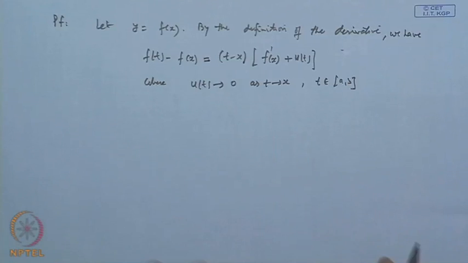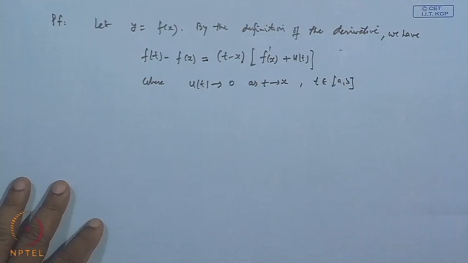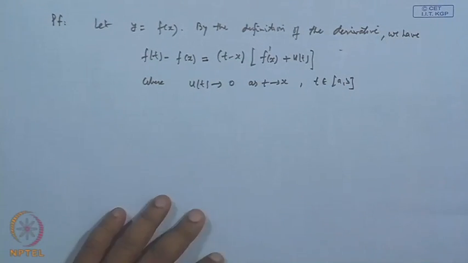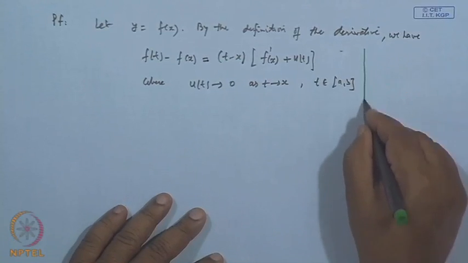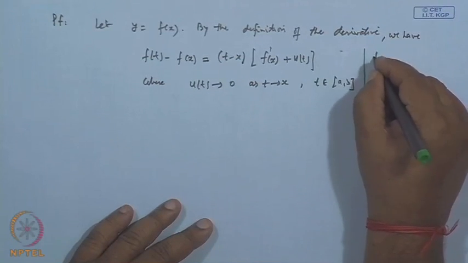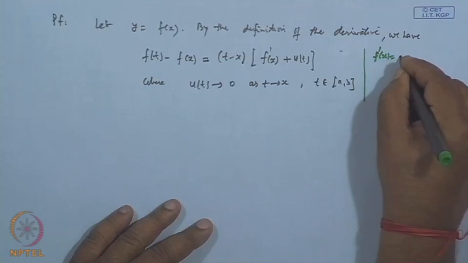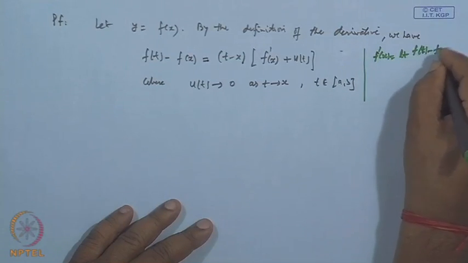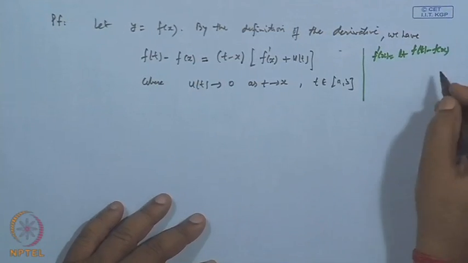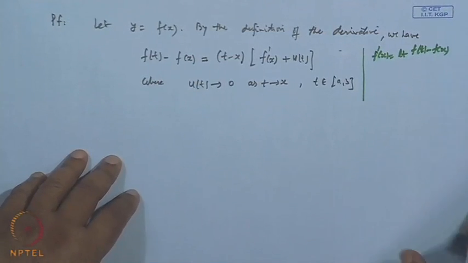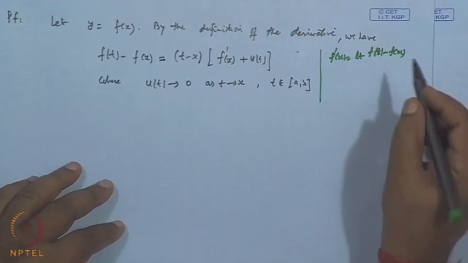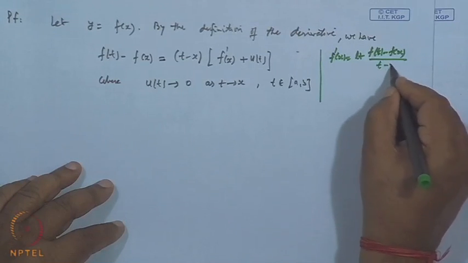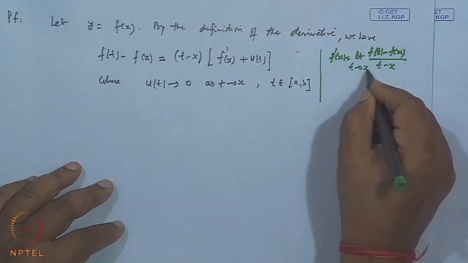Let us see the meaning of this. When we say the function is differentiable, it means f prime of x exists. It is the limit of f of t minus f of x divided by t minus x, when t tends to x.